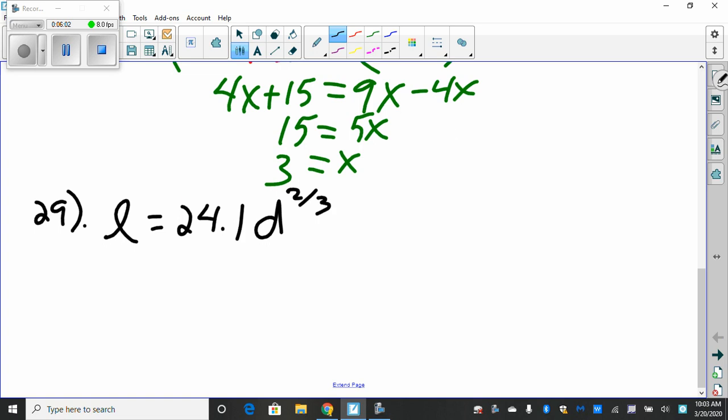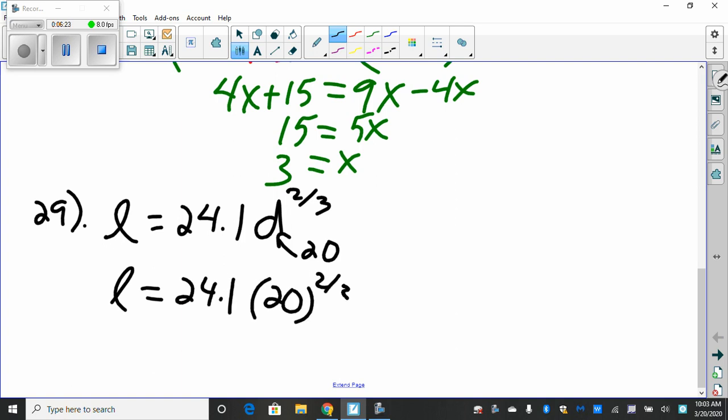Well, this is the length of the antler. This is that diameter they're talking about in the problem. Well, this is just a calculator problem because you can't do the cube root of 20. They say, suppose you had a sample that was 20. Well, I'm just going to solve for L then. 24.1 times 20 to the 2/3 power.